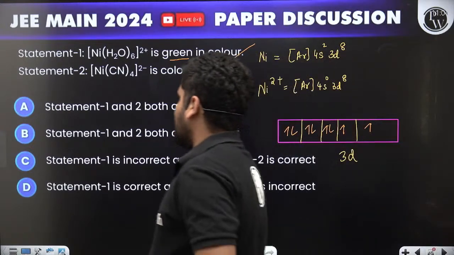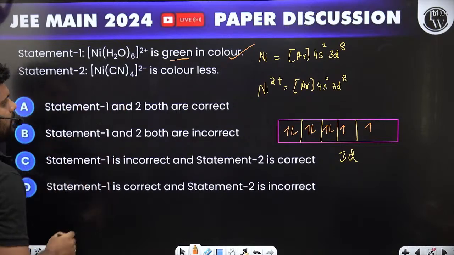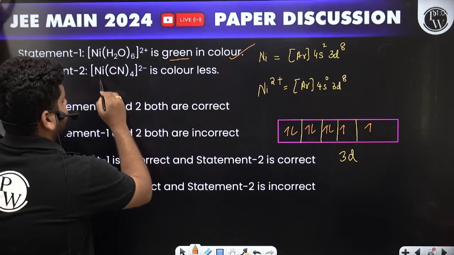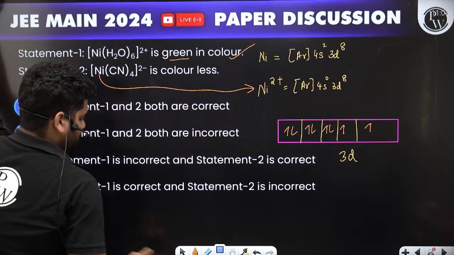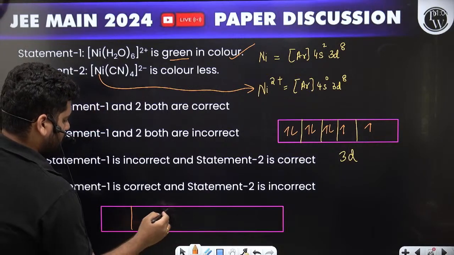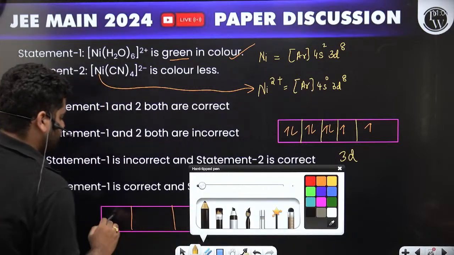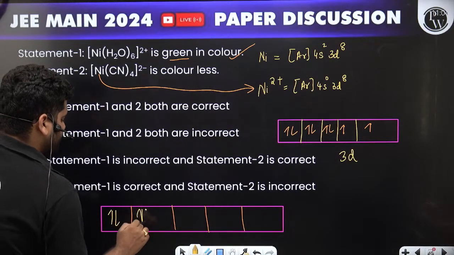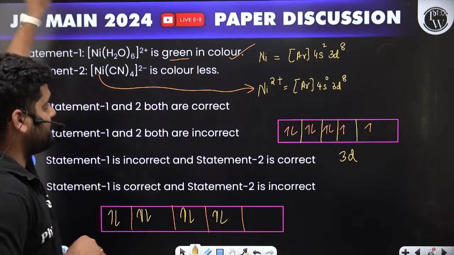Now next one, Ni(CN)4 2-. Here also the electronic configuration of nickel is argon 4s0 3d8 only. But because of the presence of a strong field ligand, forced pairing would occur, and the 8 electrons, 2, 4, 6 and 8, would be present like this.